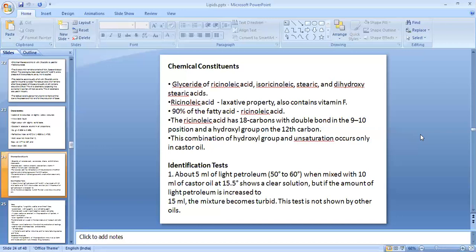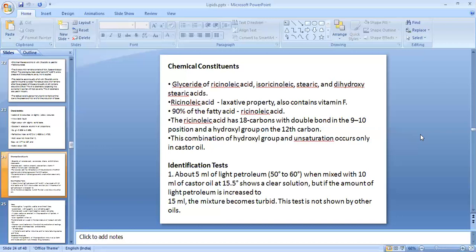And this ricinoleic acid has 18 carbon atoms in its chemical structure, with one double bond at the 9th and 10th position of the carbons and a hydroxyl group on the 12th carbon. The combination of these two things, the presence of hydroxyl group and unsaturation, occurs only in castor oil.